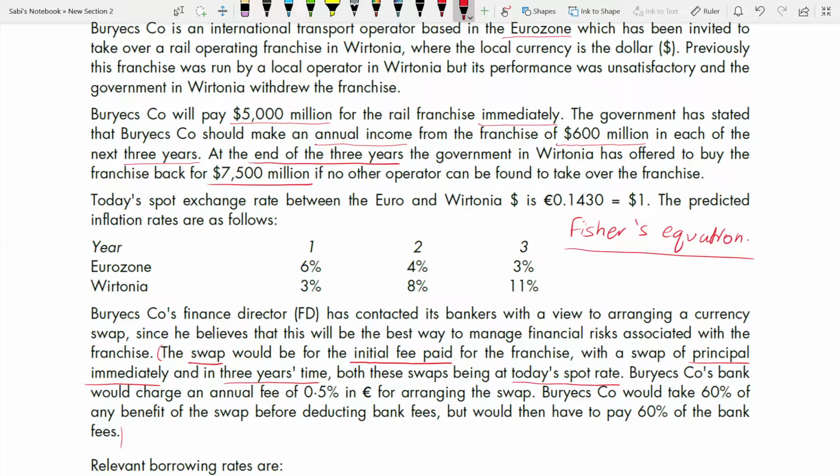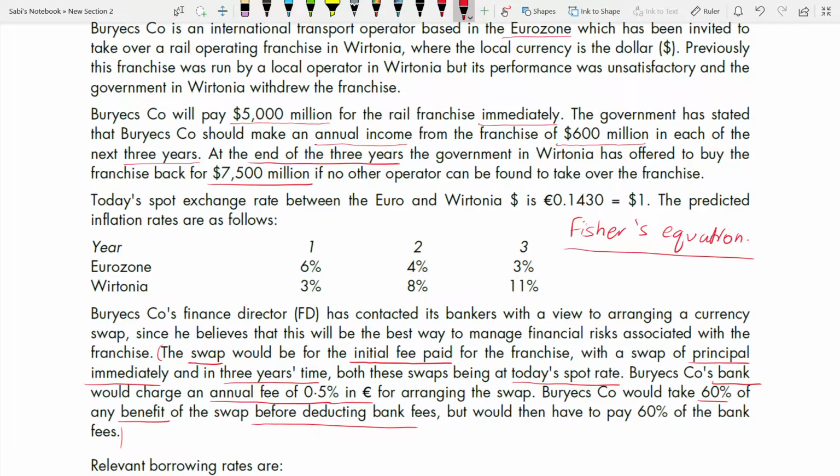Now, Buryecs company's bank would charge an annual fee of 0.5% in euro for arranging the swap. Buryecs company would take 60% of any benefit of the swap before deducting bank fees.